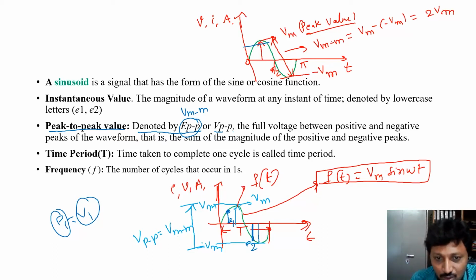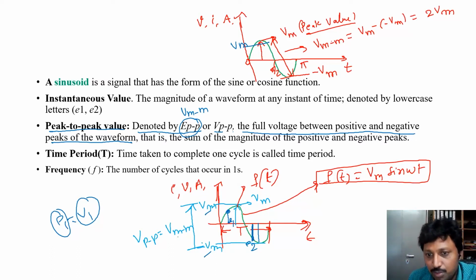What is that? It is the full voltage between the positive and negative peaks of the waveform. This one is the positive and this one is the negative peak of the waveform. It is the sum of the magnitudes of the positive and negative peaks. This one is 2 Vm.